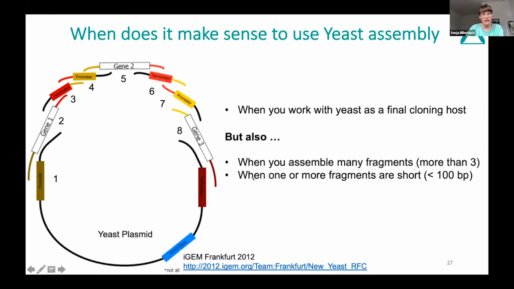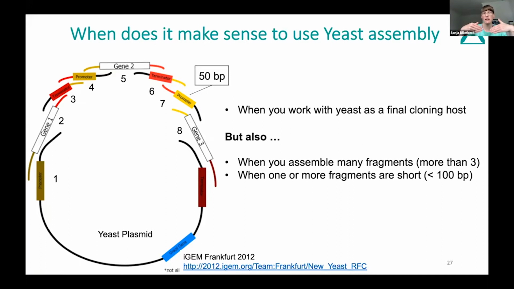The other instance is when one or more of the fragments are really short. So for example, you have a promoter in here, which is only 50 base pairs long. As Gibson assembly has an enzymatic reaction, the T5 exonuclease reaction, that chews back the 5' ends of your DNA parts, if the DNA parts are really short, you run the risk that they're chewed away, and often that introduces mutations.